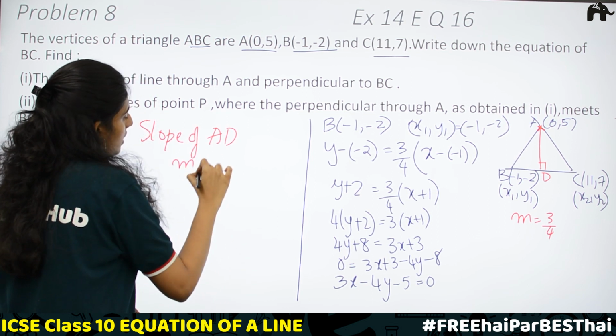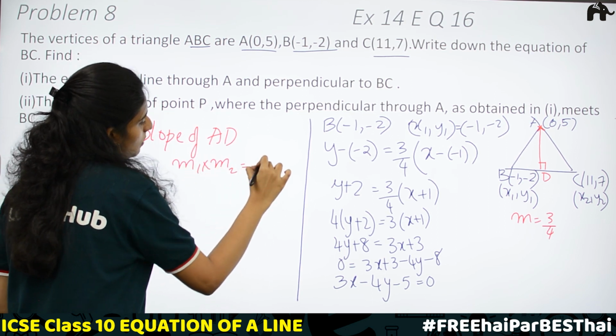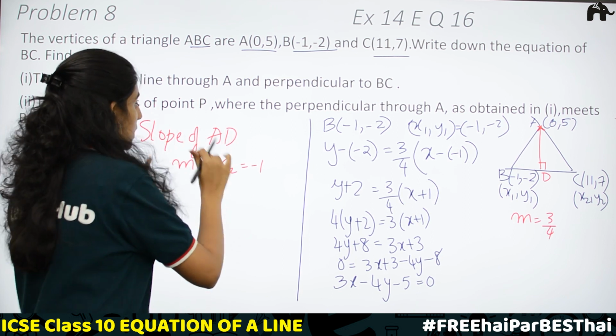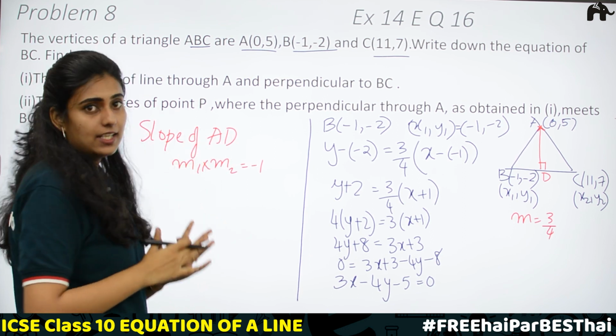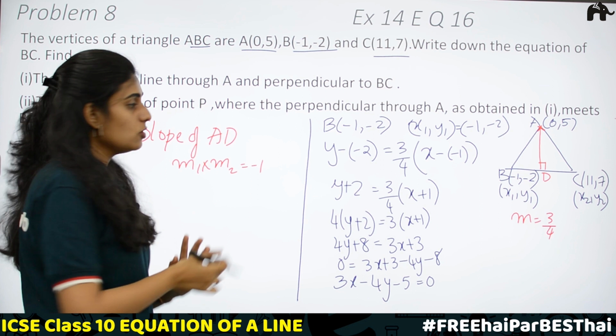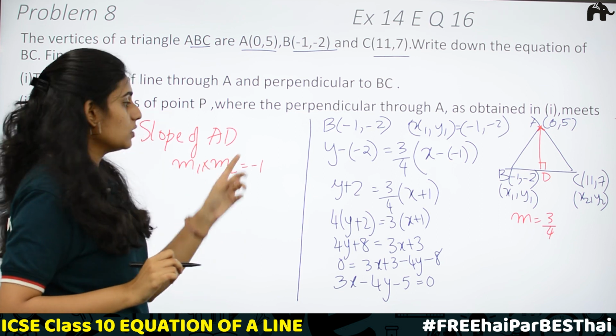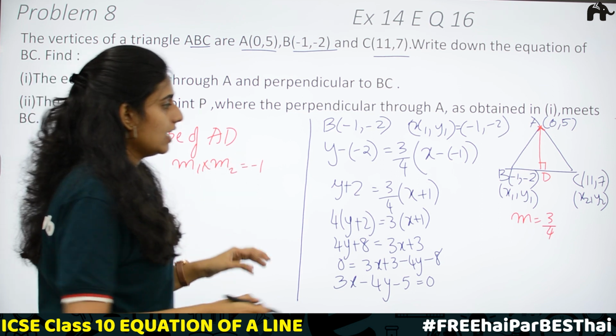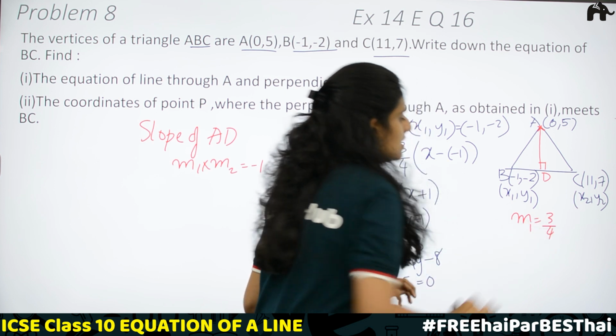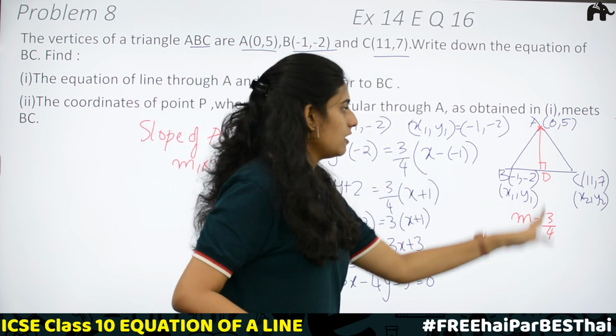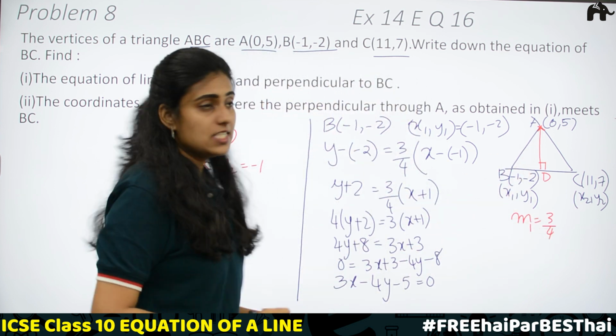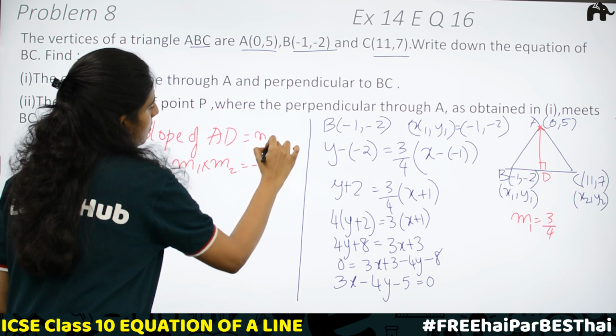We have m1 into m2 is equal to minus 1. If two lines are perpendicular and the slope of first line is m1 and that of second line is m2, then product of these slopes will be equal to minus 1. Here we are taking the slope of BC as m1. m1 is 3 by 4 and slope of AD is taken as some m2.